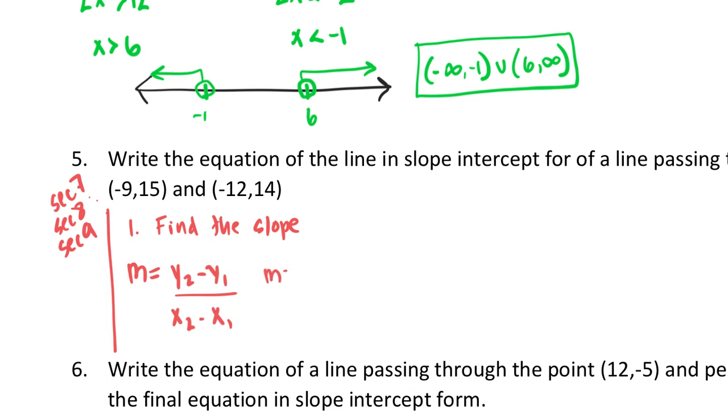So if we go and we find the slope, we're going to go y2 minus y1 over x2 minus negative 9, so minus x1. So that gives us a slope of negative 1 over negative 3, which is a slope of 1/3. So there's our slope.